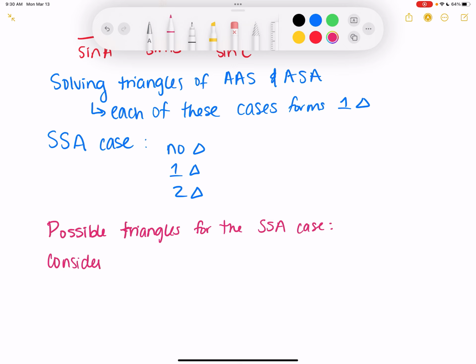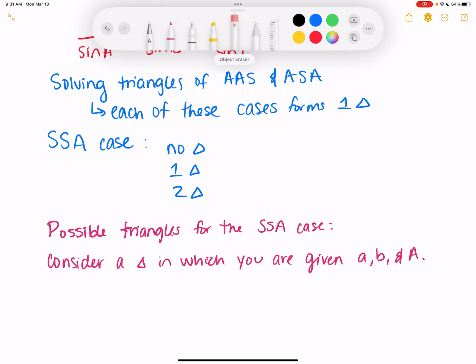Consider a triangle in which you are given side a, side b, and angle A. Now, in an actual problem these could be different letters, but you have to have one side that has its angle given to you and then another side. But we're just going to use a, b, and then angle A for the purpose of the notes.